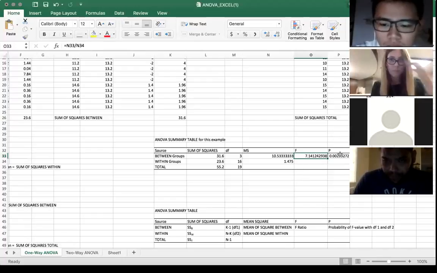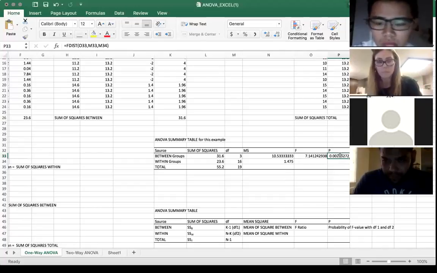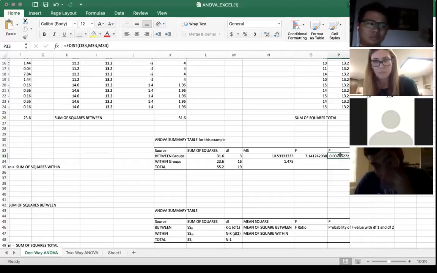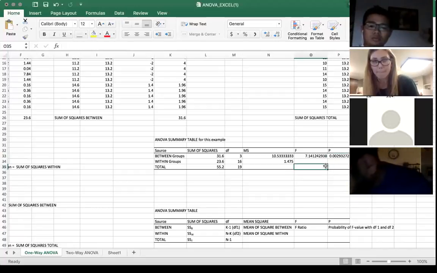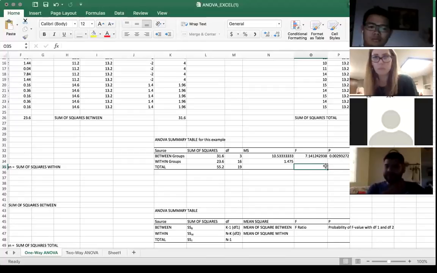And now we have a way, we use those tables to look up the probability of getting such an F value if in reality there's no difference, right? Things can get crazy. You can get large differences just because of chance, because of randomness.